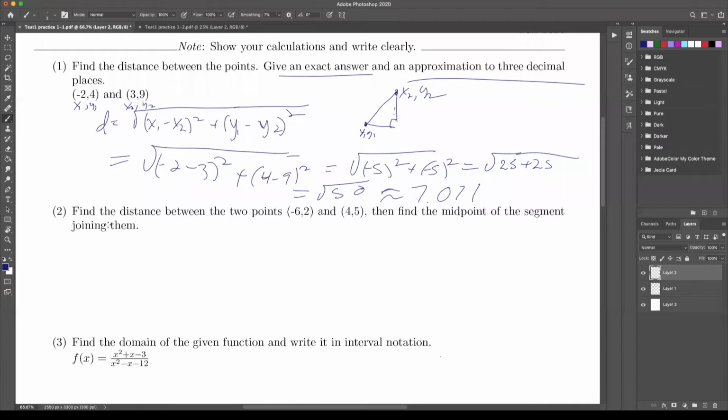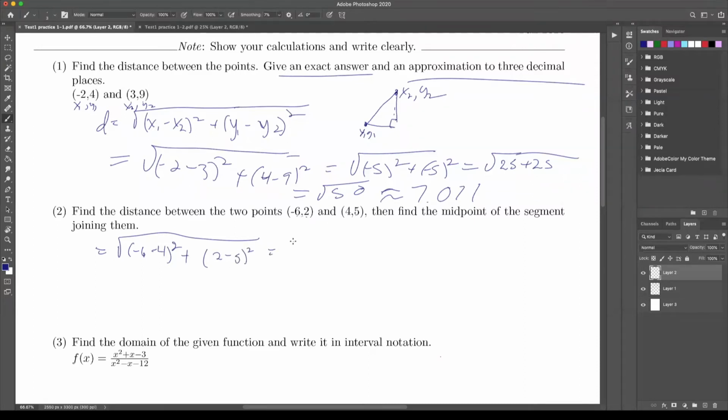Okay. So here, if I want to find the distance between these 2 points, we're going to do the same thing we did before. We're going to do the square root. I'm going to call this one 1. So it'll be minus 6 minus 4, and then plus, sorry, forgot my squared, 2 minus 5 squared.